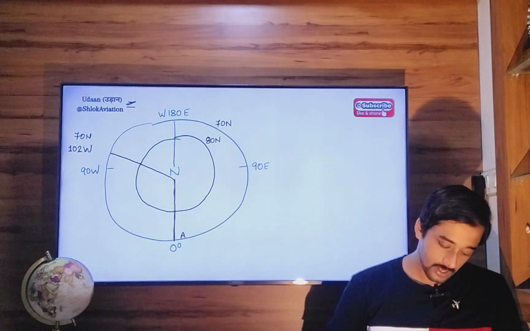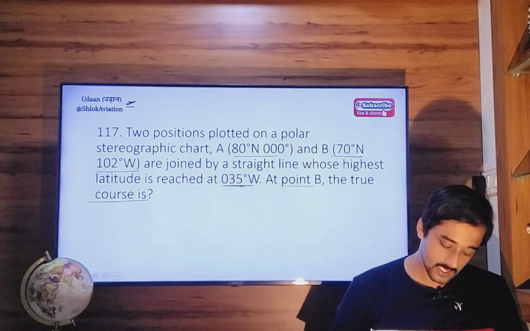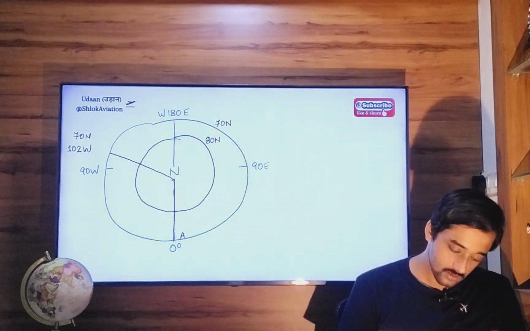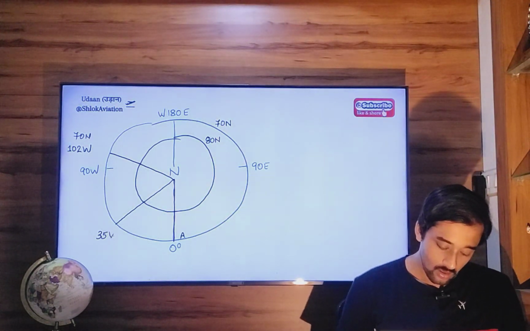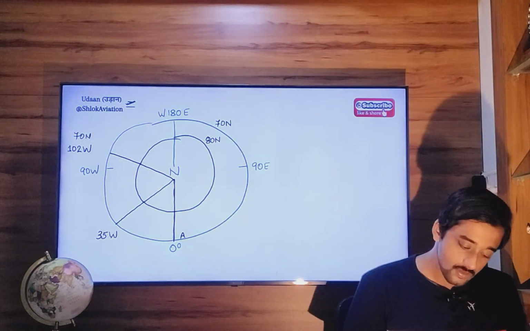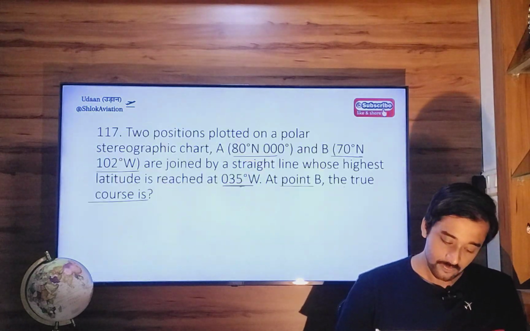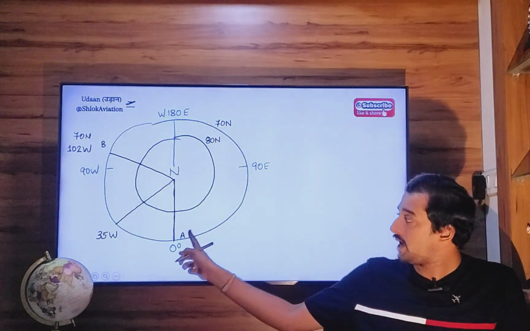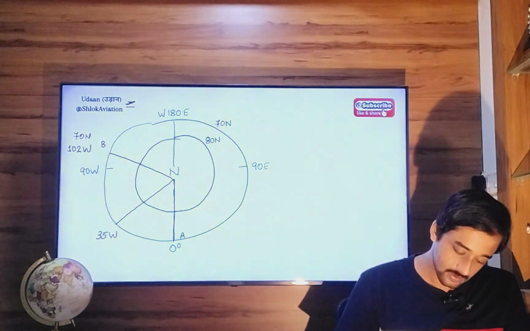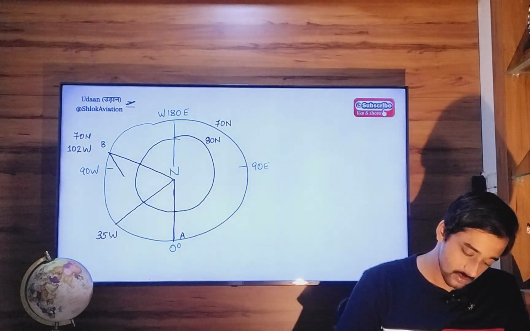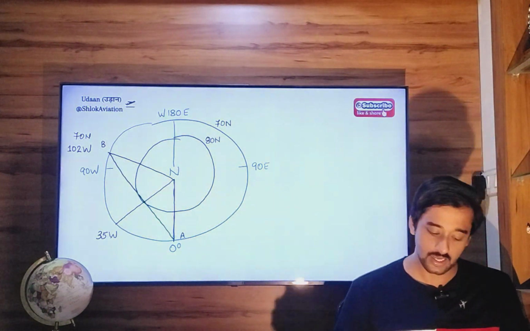Okay, and now there is another meridian, 35 west. Now this point A and B are joined by a straight line, like this.